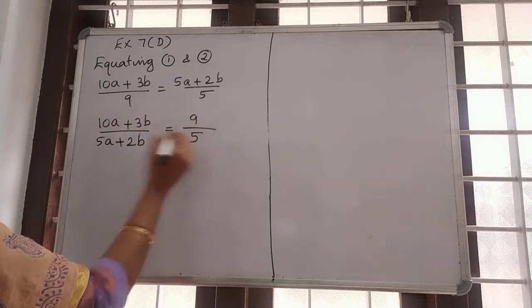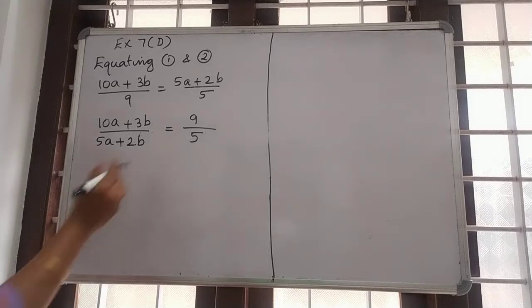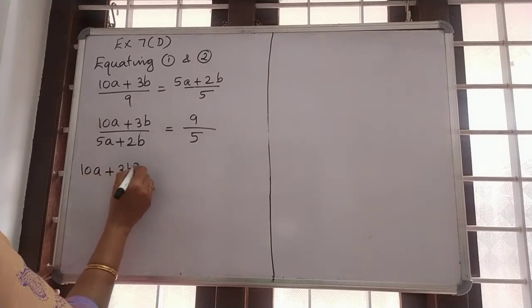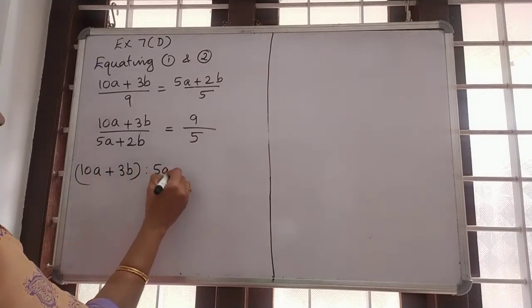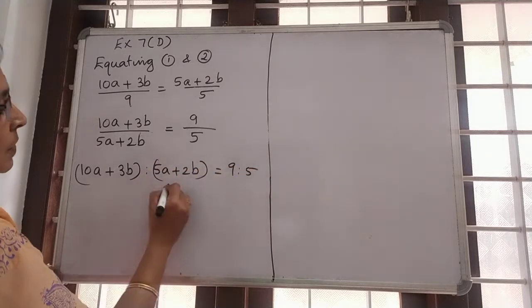So 9 by 5. We can't cancel this. So the final answer is 10A plus 3B is to 5A plus 2B is equal to 9 is to 5. This is your answer.